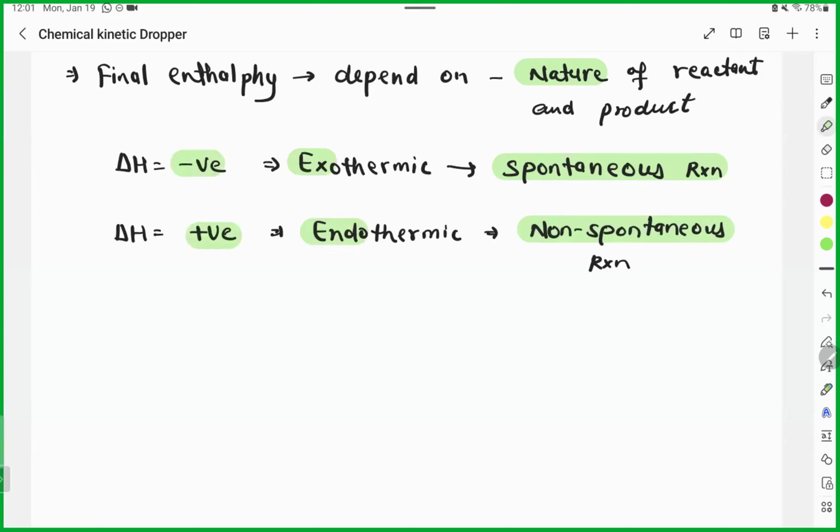Any doubt, guys? Because we are done with thermodynamics, Barinder, tell me what happens in a spontaneous reaction to delta G and delta S?